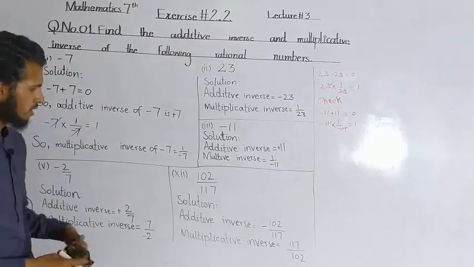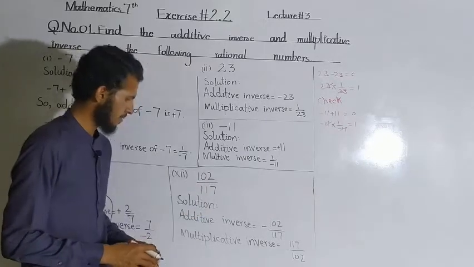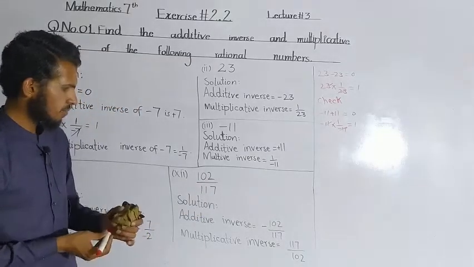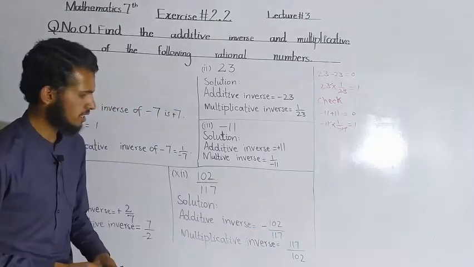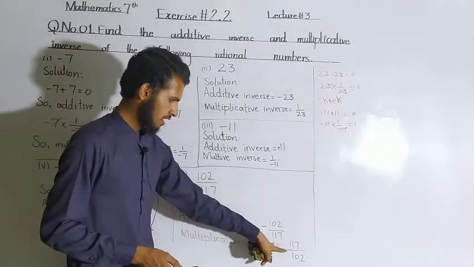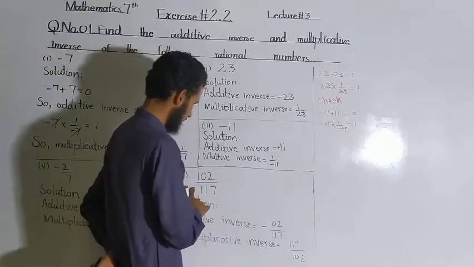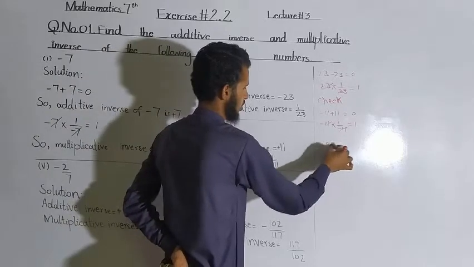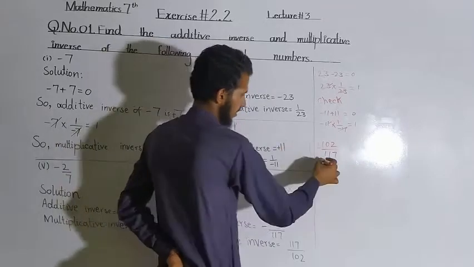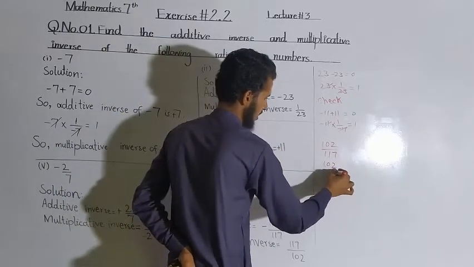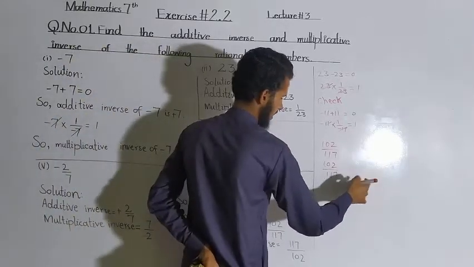Next is question number 12, 102 divided by 117. Its additive inverse is minus 102 over 117 and its multiplicative inverse is 117 over 102. How? You can also check this. For the additive inverse of 102 over 117, which number will you add so that you get the answer 0?